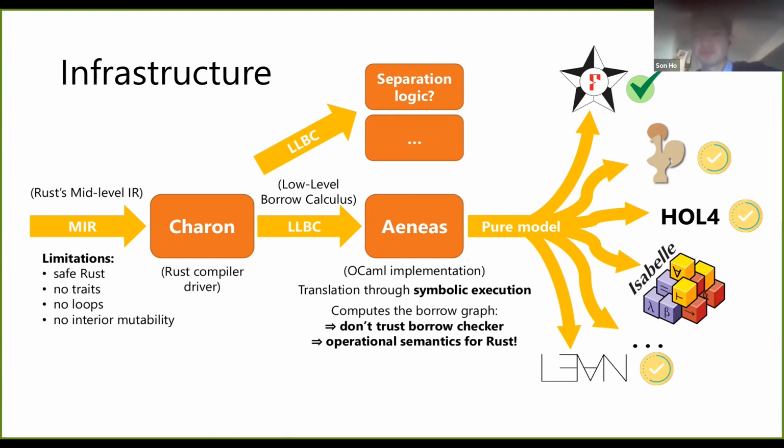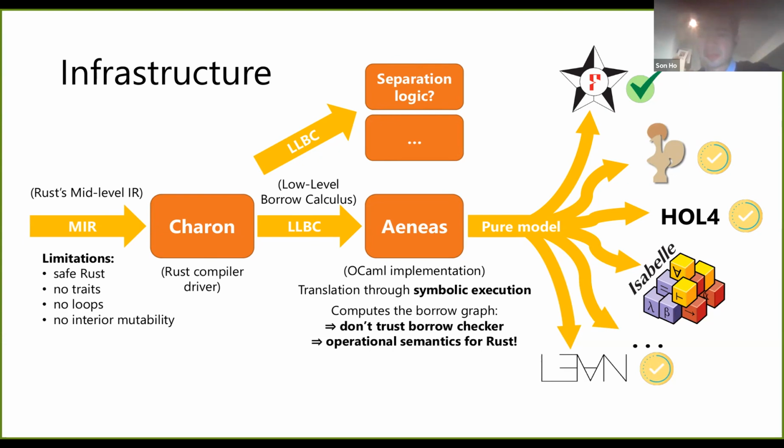Then you can do whatever you want with this pure model. You can extract it to the available backends, and once this is done, you can state and prove various properties about it. For example, you can write a program and then prove in, say, Lean, once the backend is done, panic freedom and functional correctness.